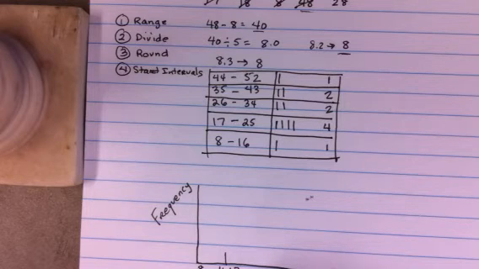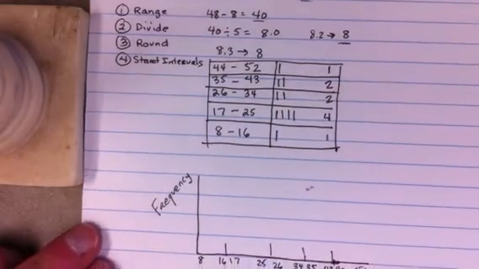This next interval goes from 17 to 25. Then the next one starts at 26 and goes to 34. The next one goes from 35 to 43. And the next one goes from 44 through 52.